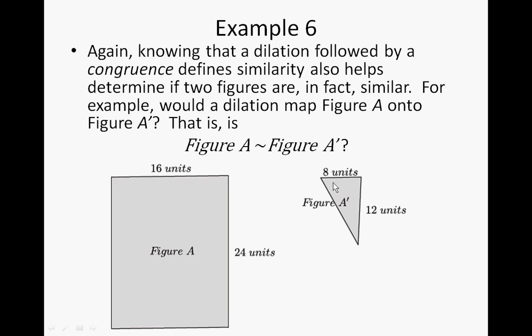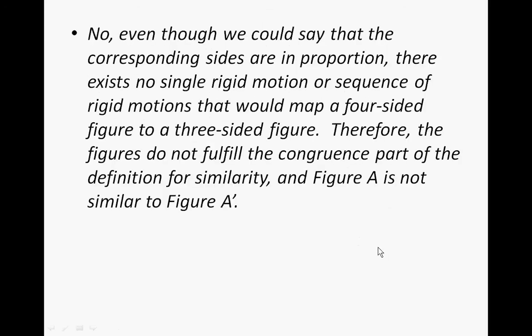This side right here, 16 units, corresponds with this side, 8 units. And this side, 24, corresponds with this side, 12. So in actuality, we do have sides that correspond with each other. However, we have corresponding sides that are proportional, but there is no single rigid motion or sequence of rigid motions that would map a 4-sided figure onto a 3-sided figure.